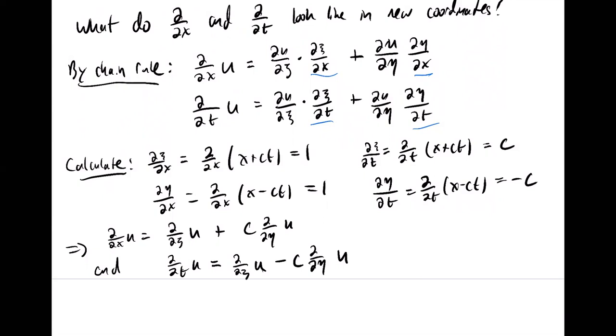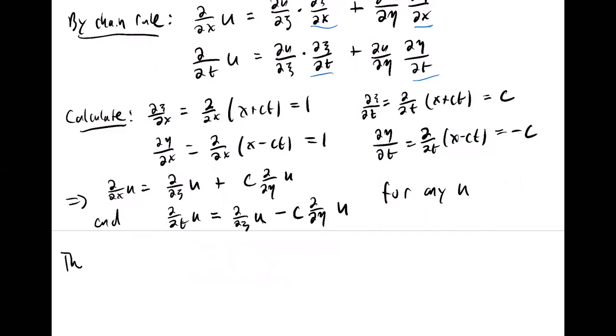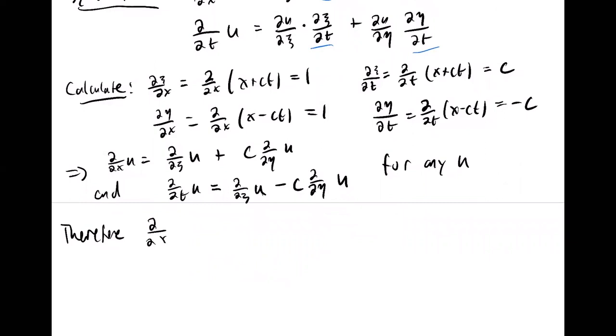Right? And so this works for any u. Since these formulas hold for any function u, this tells me that taking the derivative with respect to x is the same thing as taking the derivative with respect to xi and then adding on c times the derivative with respect to eta, and also the derivative with respect to t is equal to the derivative with respect to xi and then minus c times the derivative with respect to eta.